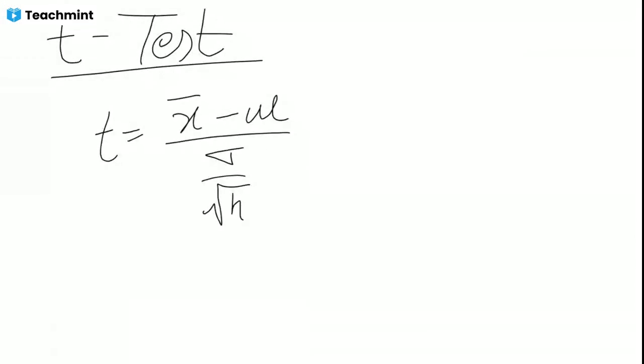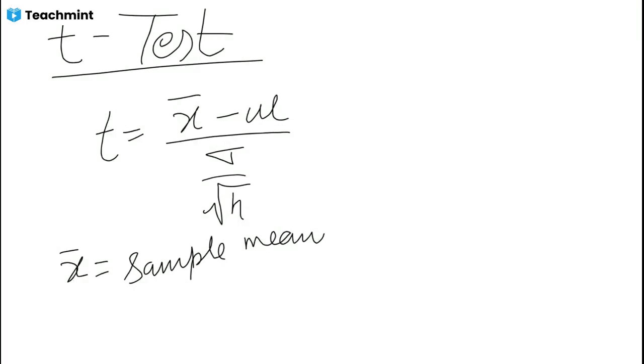Here, x bar is the sample mean, and mu, you can take mu or mu 0 also, is the population mean.